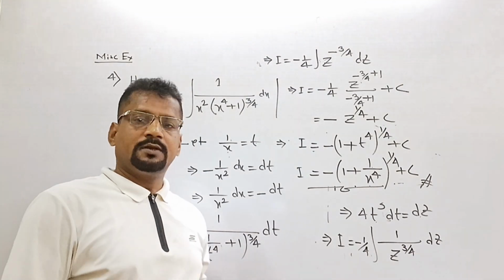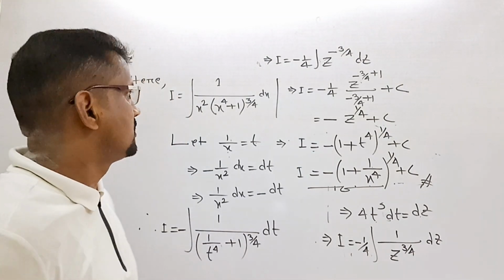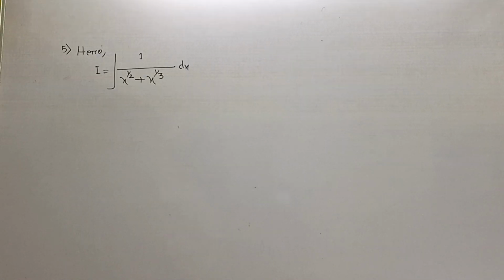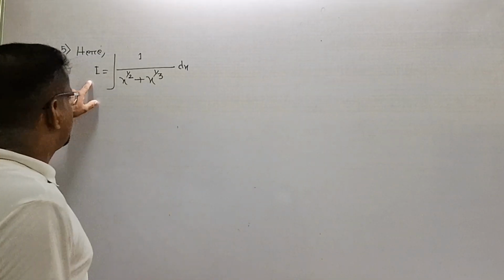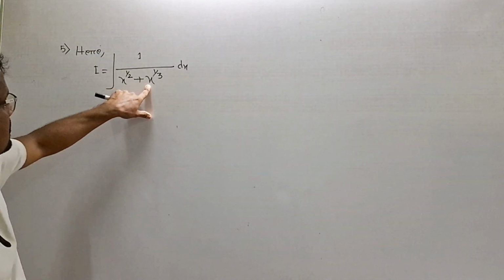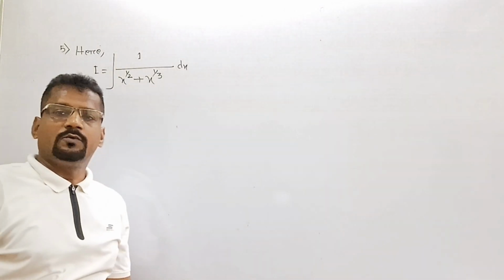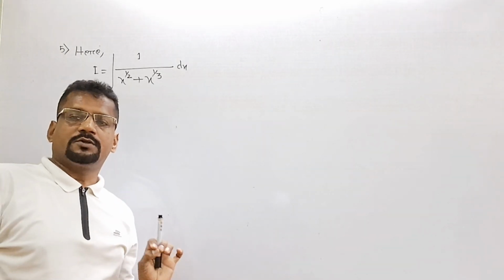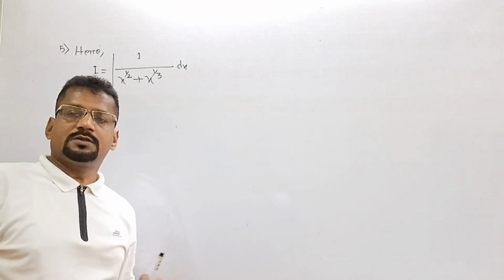Now we are going to take the next question, question number 5. I equals integral of 1 by x to the power half plus x to the power 1 by 3, dx. We have to find the integral of this. Here also we have to go for substitution. But what to substitute?